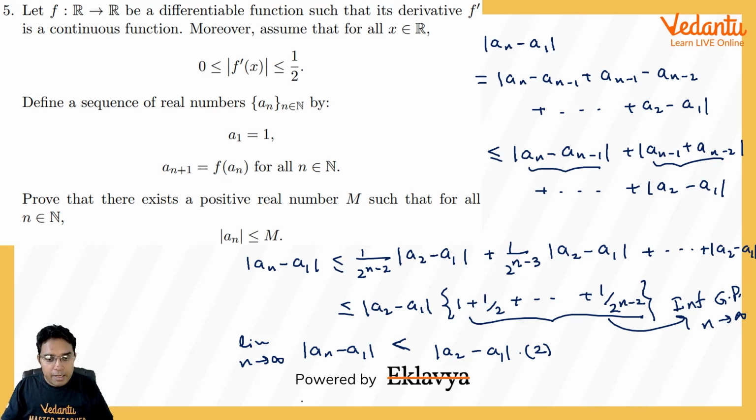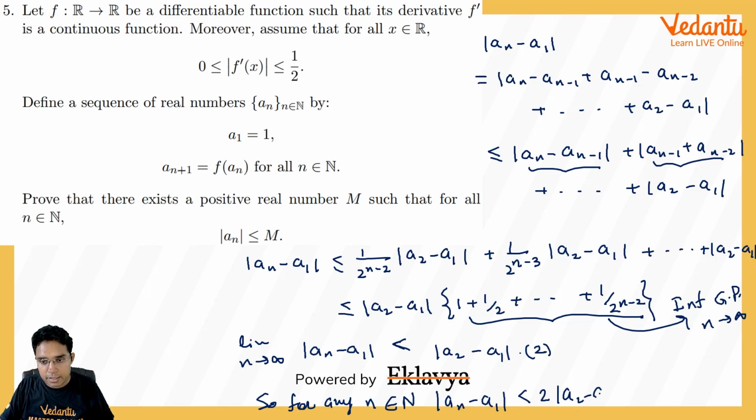So we can say that even if this limit n approaches to infinity, or whatever n we take, for any n belonging to the natural numbers, including 1, 2, 3 and so on, or taking till infinity, this mod of an minus a1 is going to be less than 2 times mod of a2 minus a1.